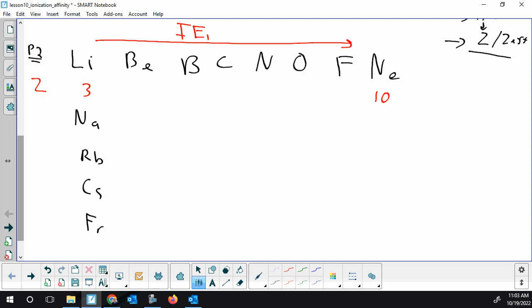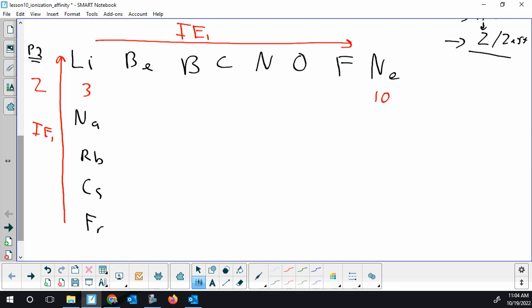Lithium has 2 energy levels, francium 7. So francium is the easiest. It's going to have a low ionization energy. So ionization energy is going to increase as you go up. High ionization energy, go up and right. Low ionization energy, go left and down.